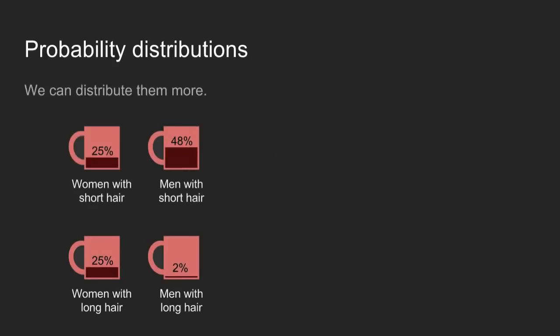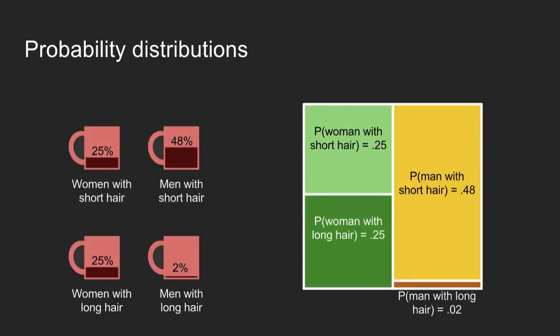We could even share it further into different categories. So here we see the joint probabilities of all of our 4 different categories that we were working with. And you can see that this is just another representation of the distribution representation that we were looking at before.